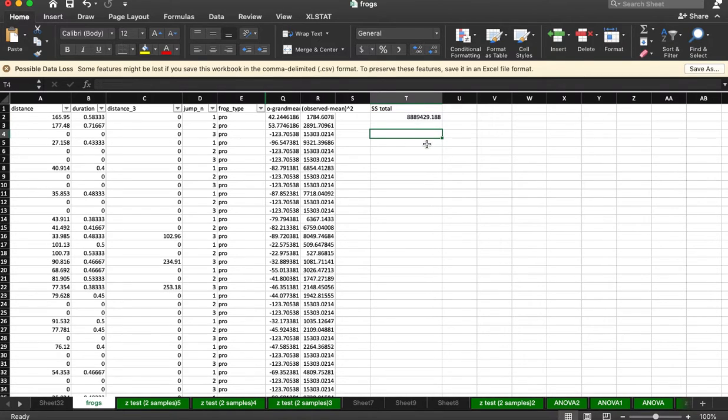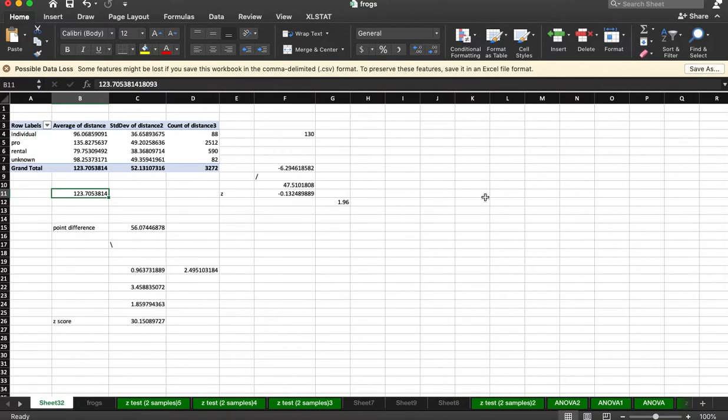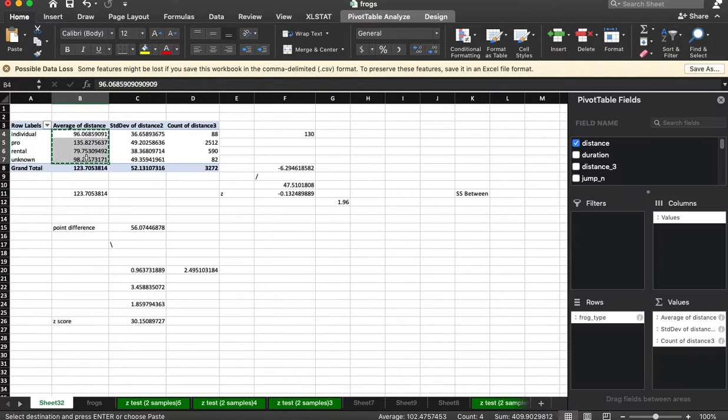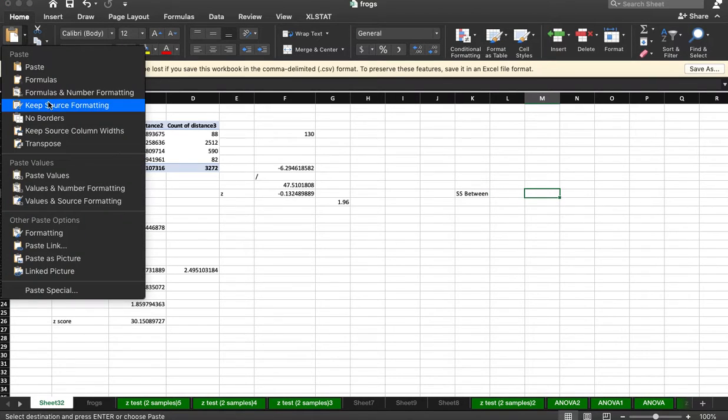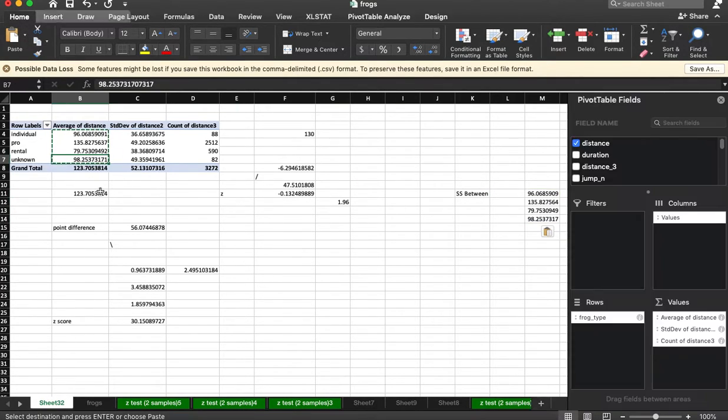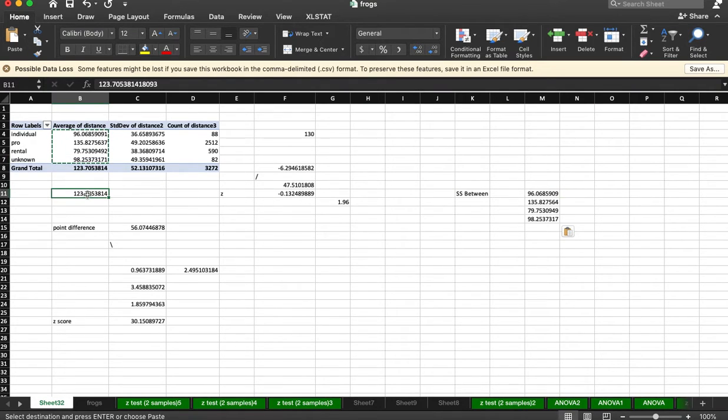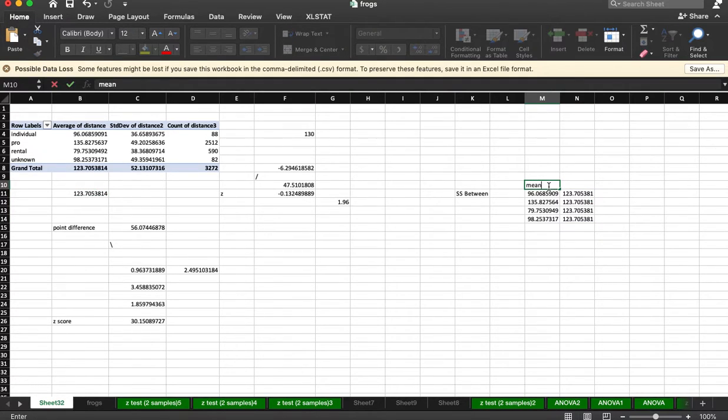Okay, great. Now, slightly different thing we need to do. We need to calculate the sum of squares between. To do that, we're going to take all of our averages here, and we're going to subtract those from this number. And we're going to do the same thing. So this is the mean of each group, and this is the mean of the grand total.